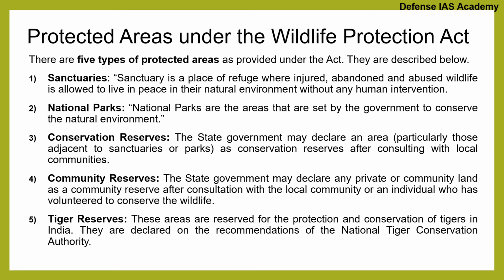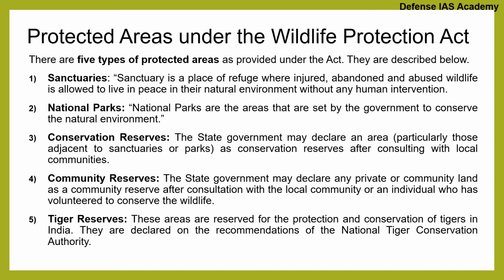Examples of national parks are the Bandipur National Park in Karnataka, then the Hemis National Park in Jammu and Kashmir, then the Kaziranga National Park in Assam, etc. The next protected area is called conservation reserves. So a conservation reserve is an area that is declared by the state government.